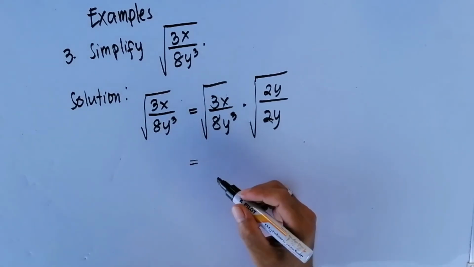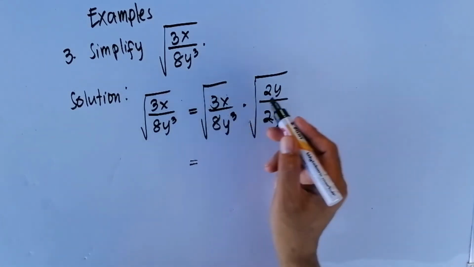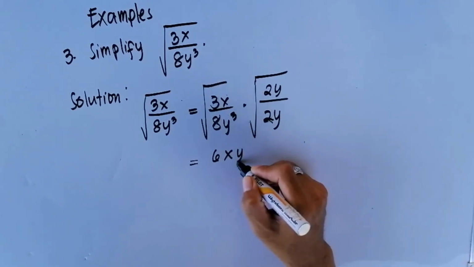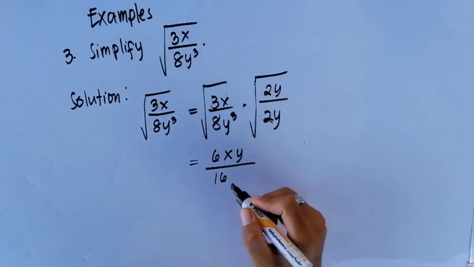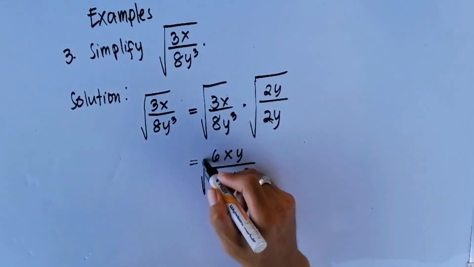Okay, multiply, that is 6xy over 8 times 2, that is 16, y cubed times y, that is y raised to 4.